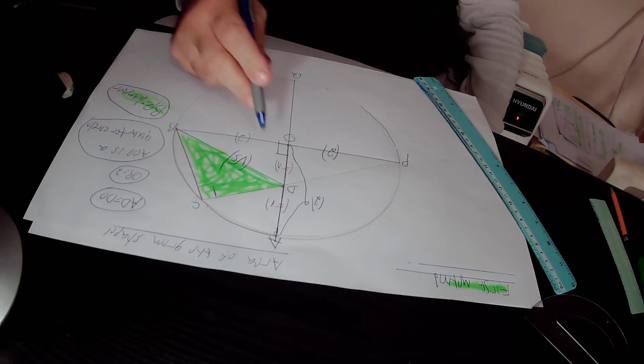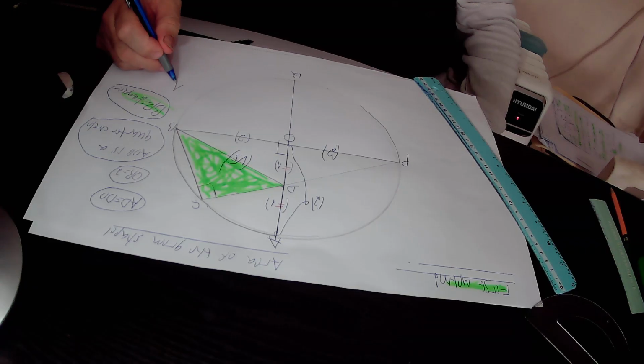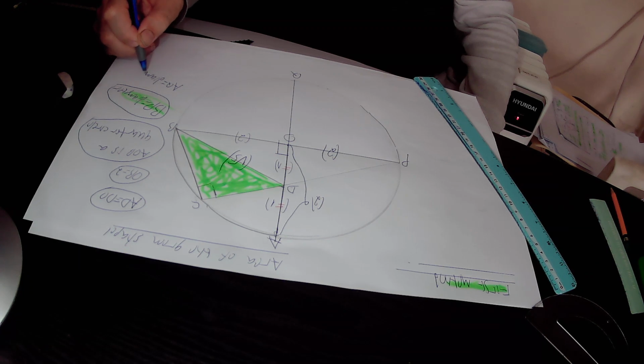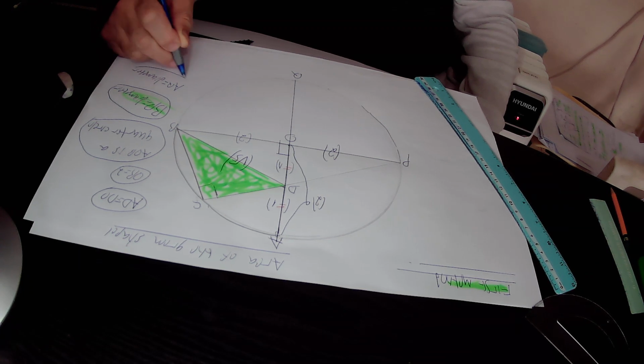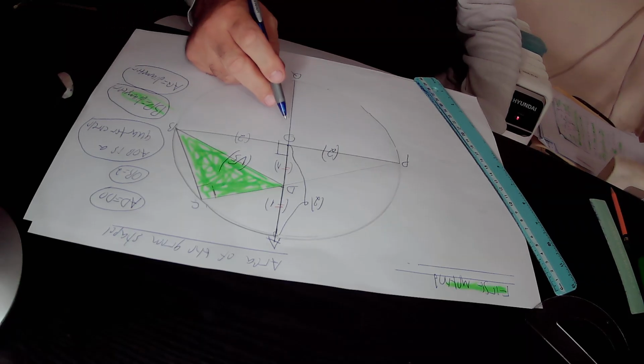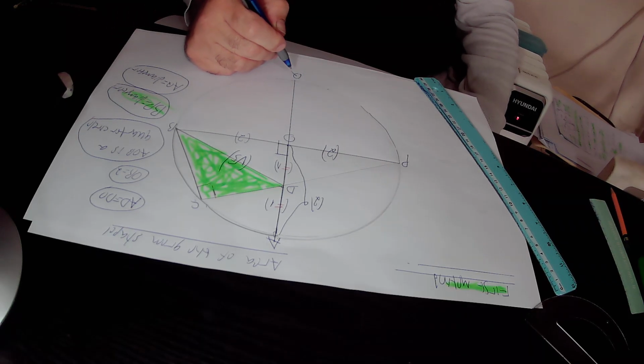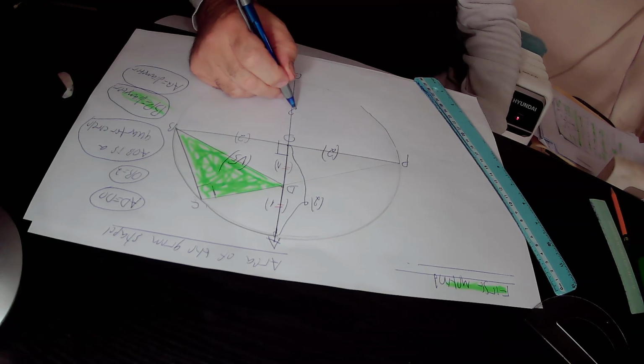So write it down, AQ is the diameter of the circle. Point O is the center of the circle, point Q is a point on the circle itself, therefore OQ is the radius of this circle, equal to 2 units in length.